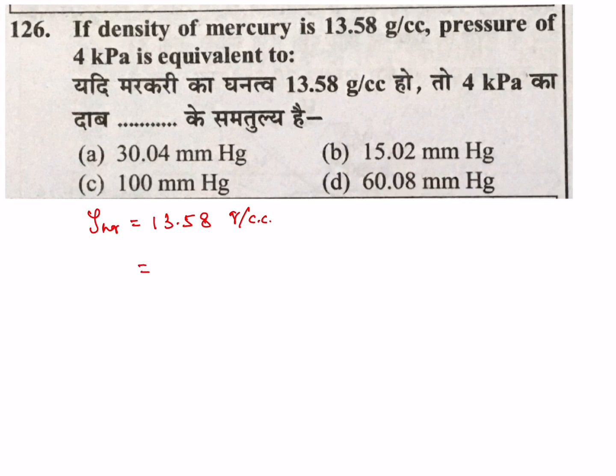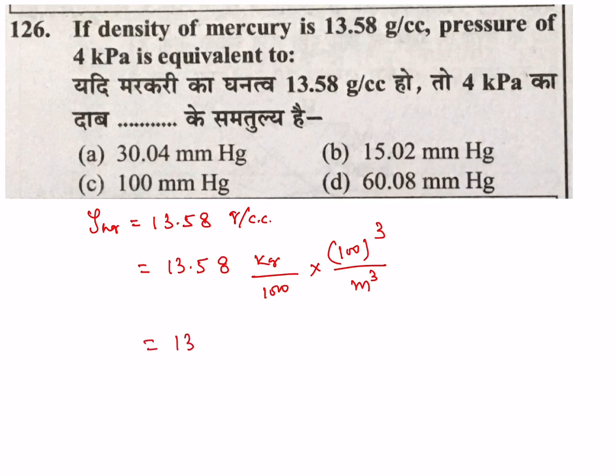So we will convert it to kg per meter cube: 13.58 kg divided by 1000 into 100 cube divided by meter cube.